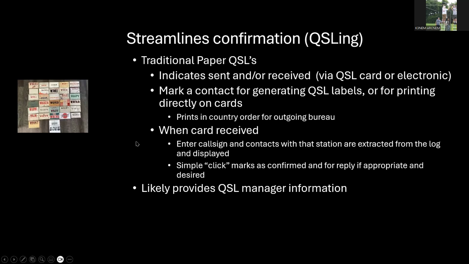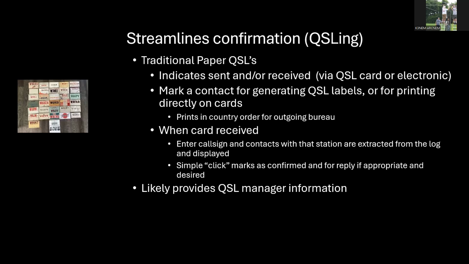Also, when you receive a card, the process used to be, and I did this for many decades, I'd have to go through the log and leaf to that page, find that date and time, and then finally look down the page and say, oh, there he is, yep, I did work him, so I will give him another card, and go out on the right-hand side and check off that I'm sending him a QSL card. Now you just type in the call sign, hit enter, and it automatically will go find all the contacts that you made with him.